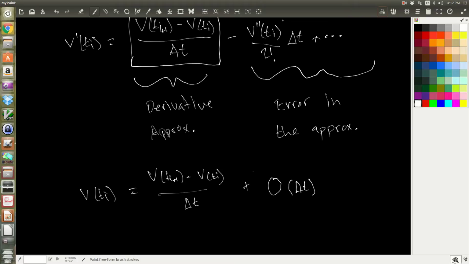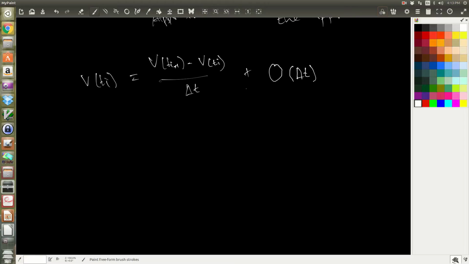So what this tells us is how the error changes when we change the size of delta t. So if I use this approximation for the derivative, I can expect the error to scale as delta t.